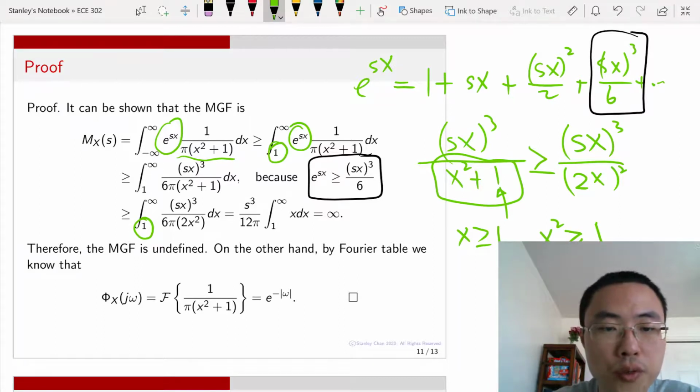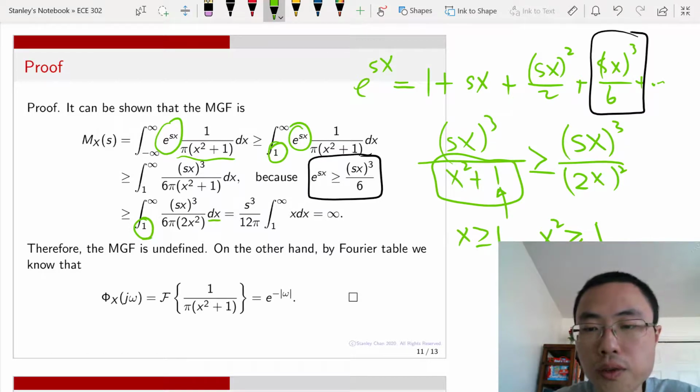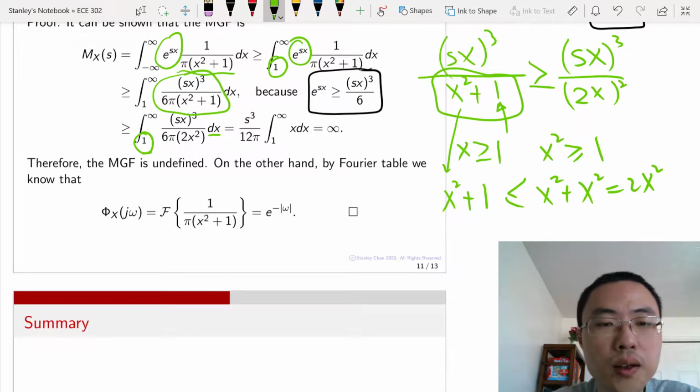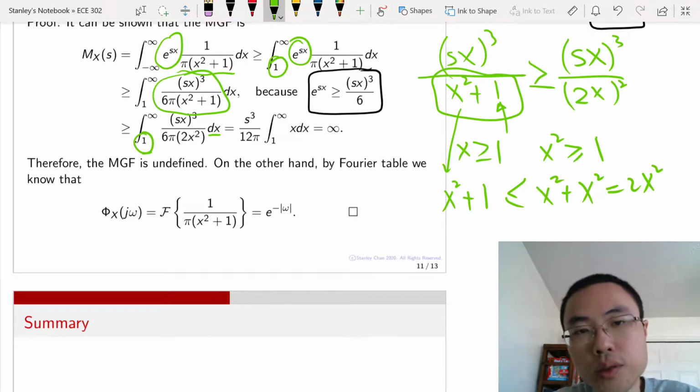That is the range of your x, and therefore x squared plus 1 has to be less than or equal to x squared plus x squared, which is 2x squared. And so you have this expression: this to the power 3 divided by x squared plus 1 will be bigger than or equal to this with the 2x squared.